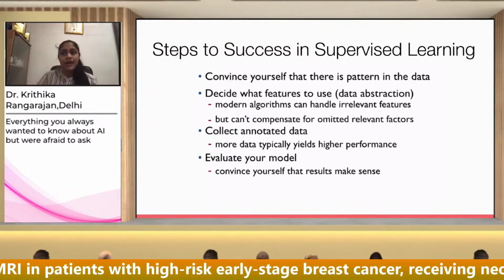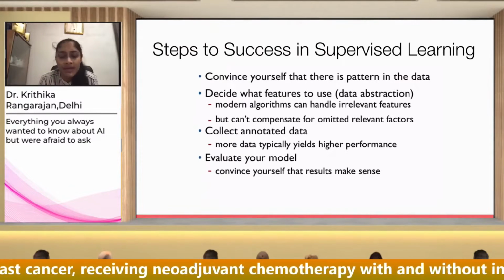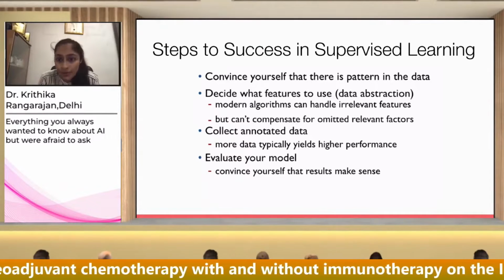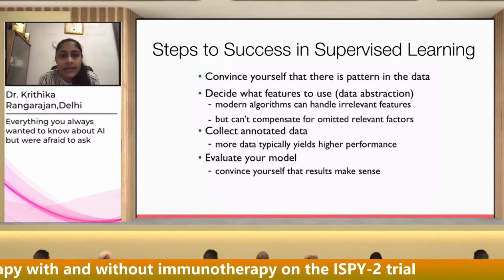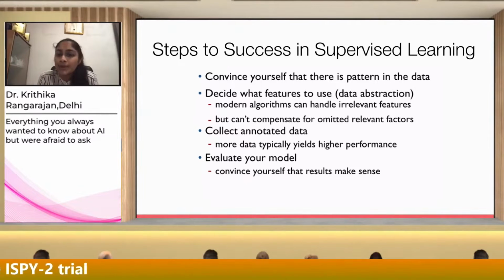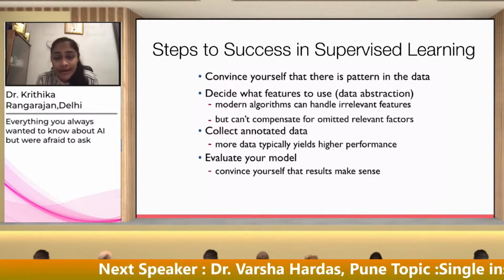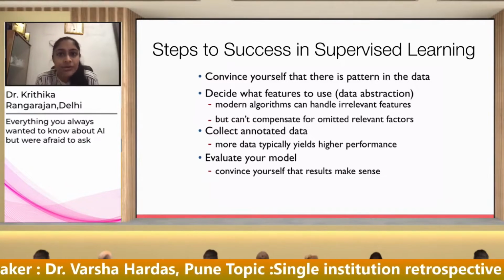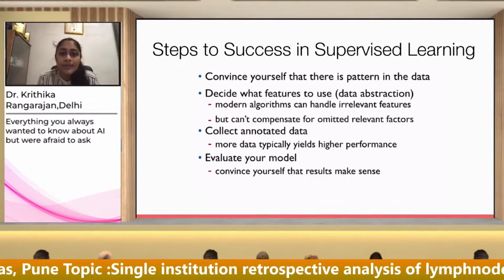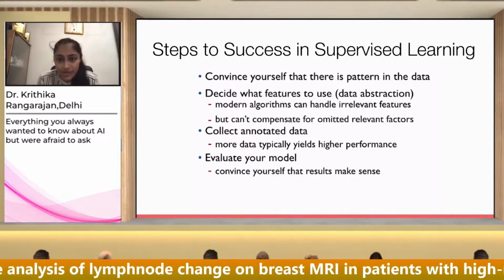So if you were to actually design a supervised machine learning task, what would be the steps that are important to go forward? Firstly, you convince yourself that there is actually a pattern in data. Because if you give data without a specific pattern in it, the task is really not going to be able to find a mathematical function to represent that. The second task to do would be to decide what features to use.